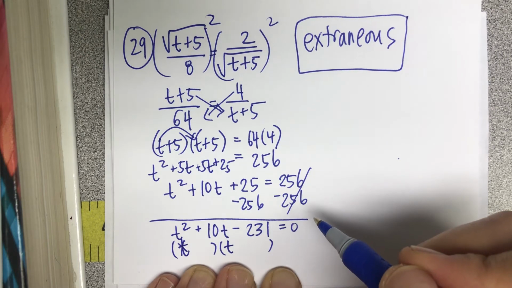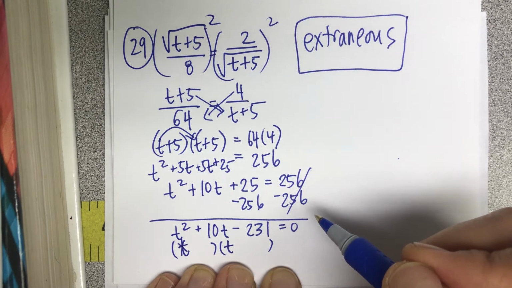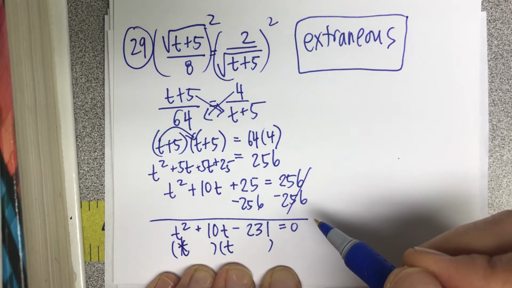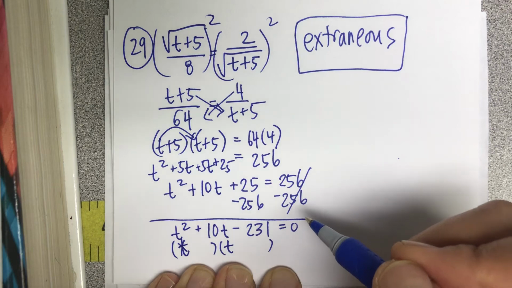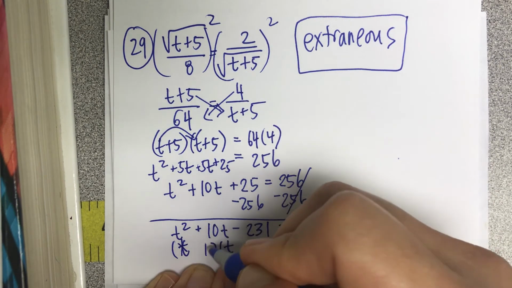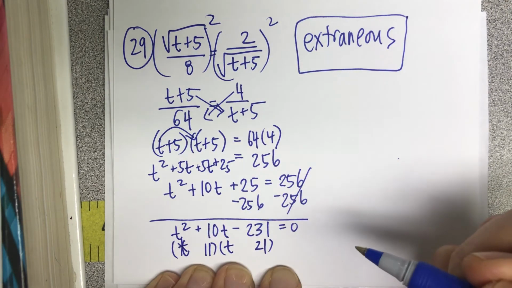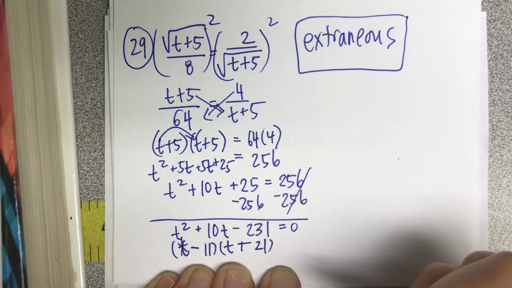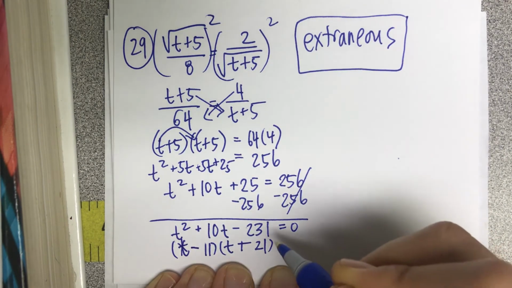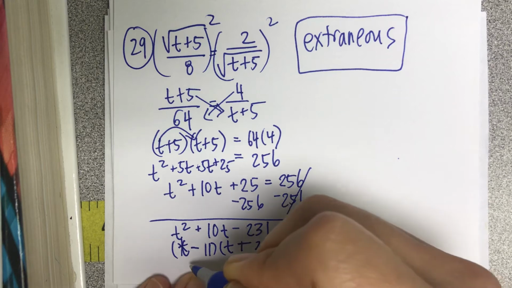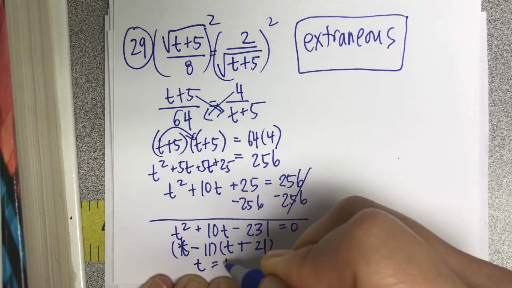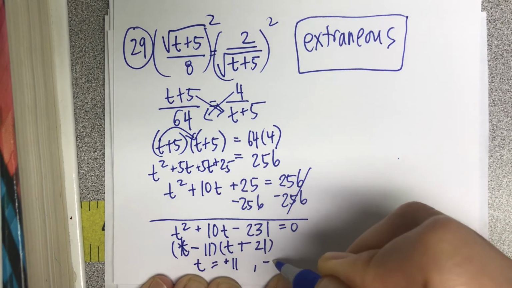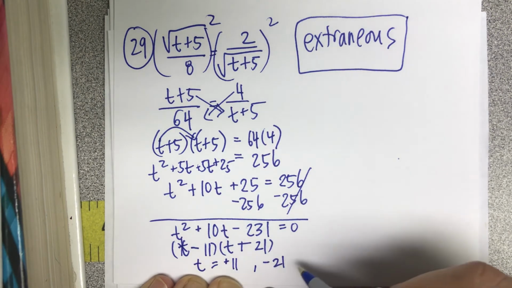We got to find the numbers that 231 divides by, that if you were to subtract them would equal 10. And as you use your calculators, you could just go 231 divided by 2, 231 divided by 3, and try them all. And then when you get to 11, you will find that it's 11 and 21. And we know that this is going to be the positive, because 21 minus 11 is 10, and if you multiply it, it's a negative. So that's going to be t equals positive 11 and negative 21. We got our two solutions right here.